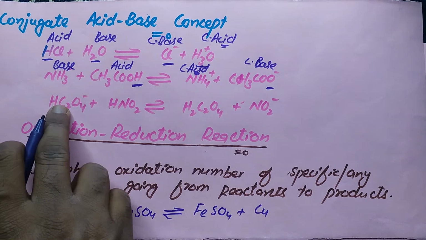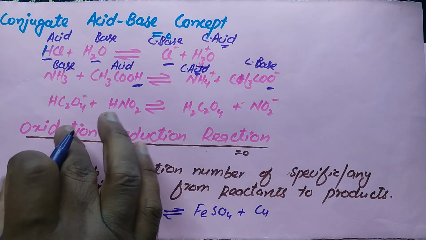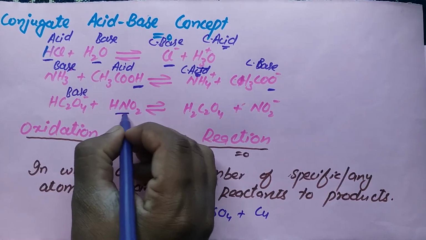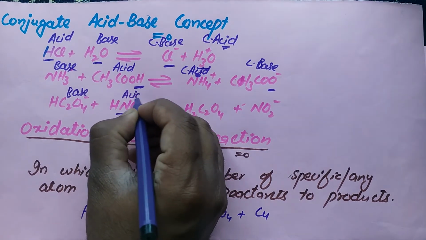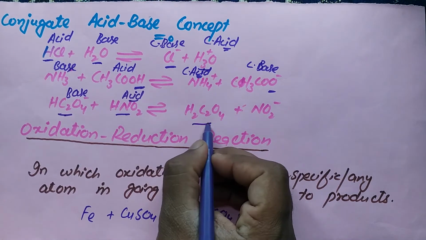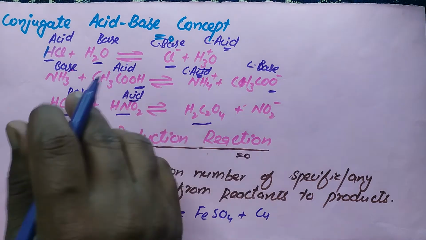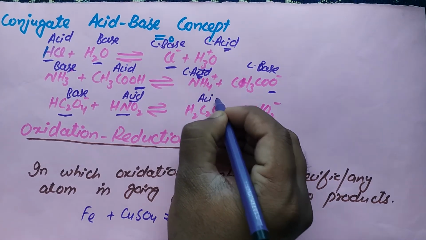So HC2O4 negative is accepting a proton and acts as base, and HNO2 is giving a proton and acts as acid. From it H2C2O4 becomes, and it is an acid.